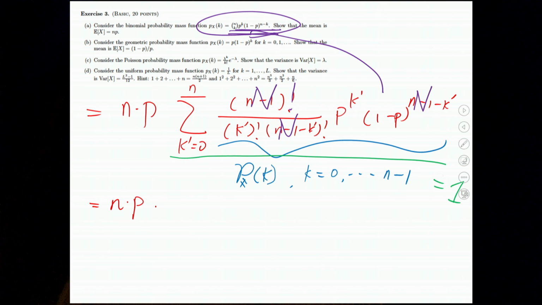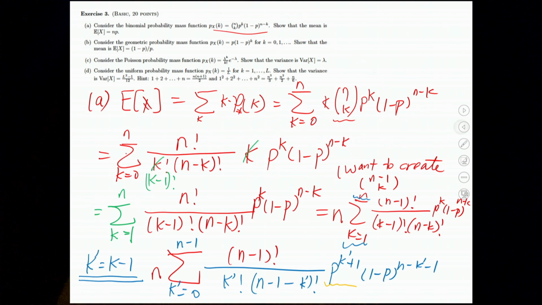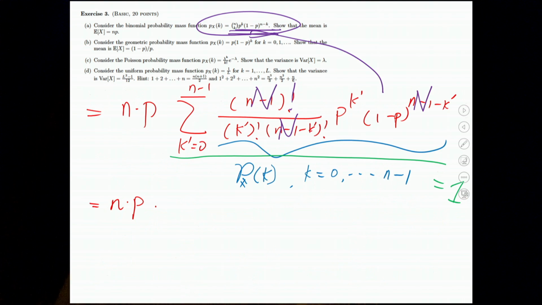Oh, and also because here I should have an n minus 1, here n minus 1 is n. So it's exactly the same here. So the expectation is n times p.